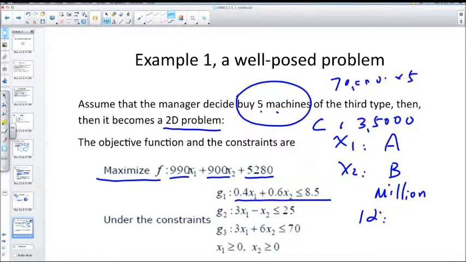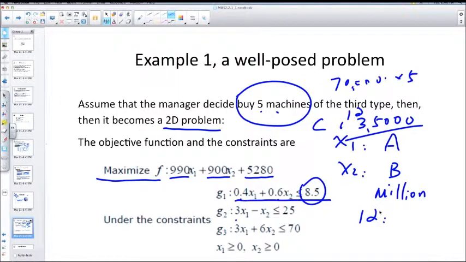And then you have 12 million minus 3.5 million. That's where you get this 8.5 million. And the type A machine costs 0.4 million per machine, and type B costs 0.6. So that's the financial constraint.